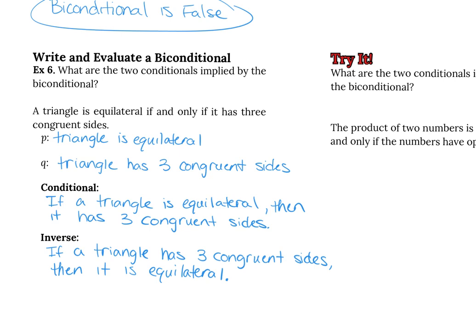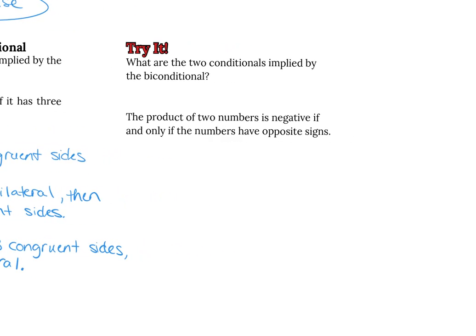Now let's do our try it. All right, so what are the two conditionals implied by the biconditional? The biconditional is that the product of two numbers is negative if and only if the numbers have opposite signs.